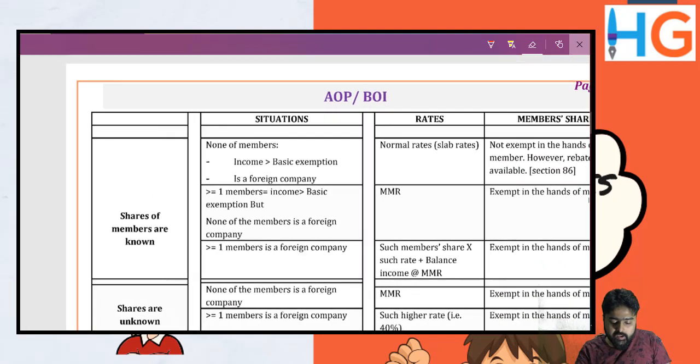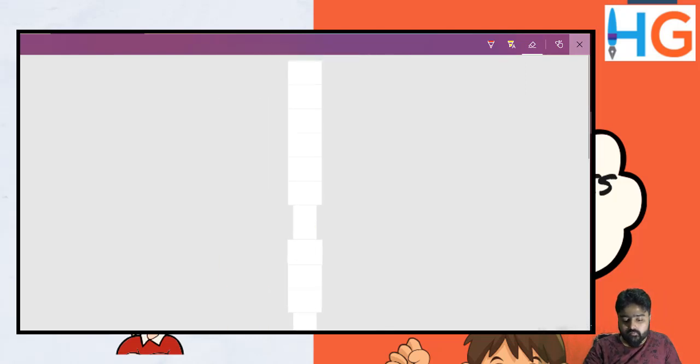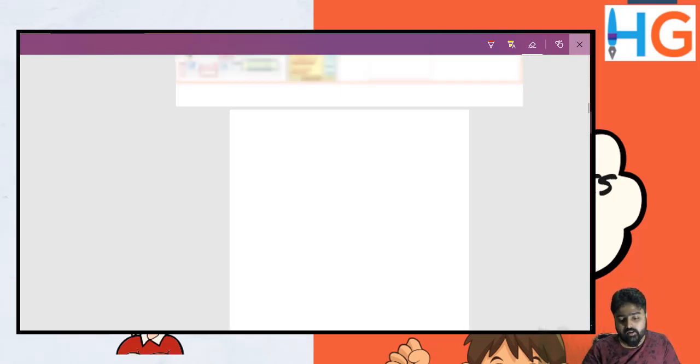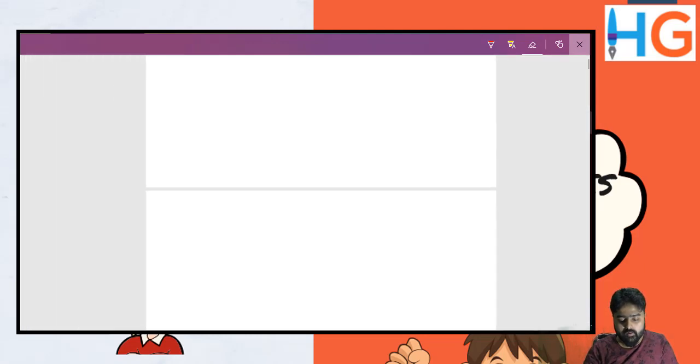For AOP and BOI, the simple logic is this. Say, for example, you people watching the video have a look at the income tax provisions. On the first page, it says for individual, HUF and AOP, BOI, slab rate benefit is available.